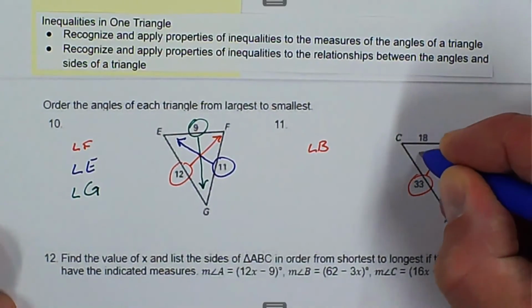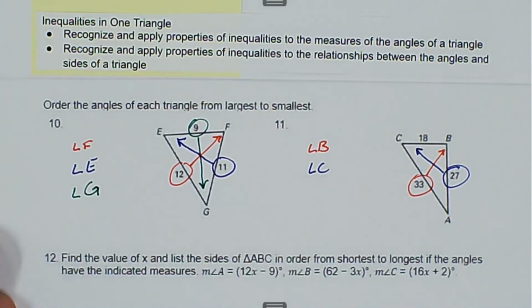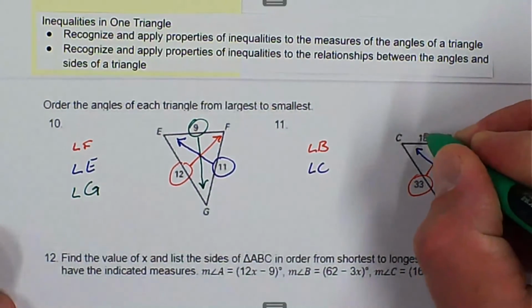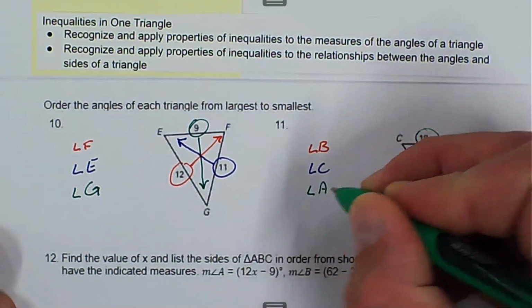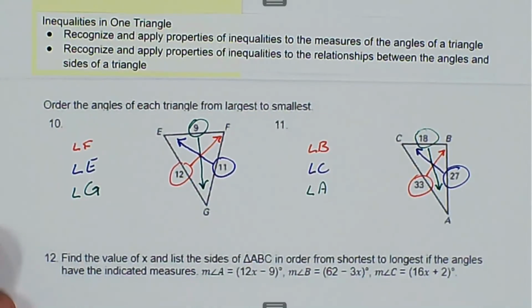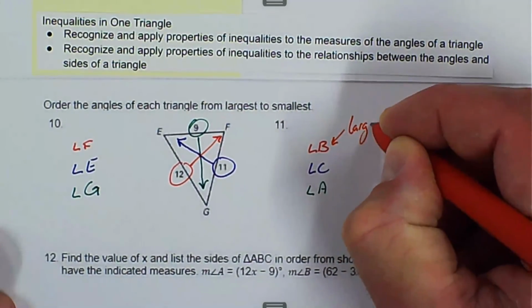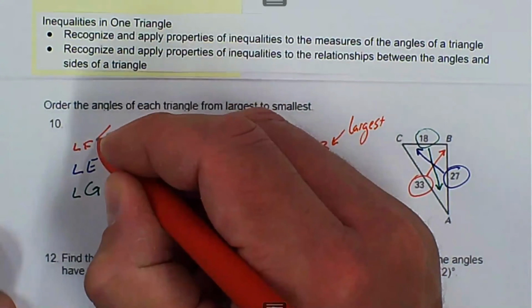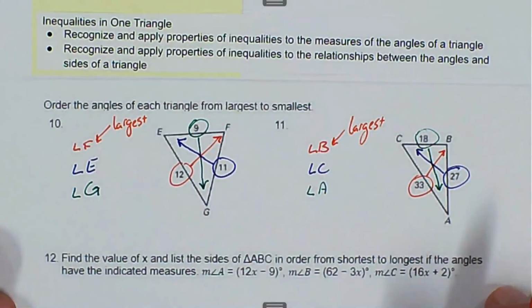The angle opposite is angle C. And then last we have 18, and the angle opposite 18 is angle A. So again, this one went from largest to smallest.